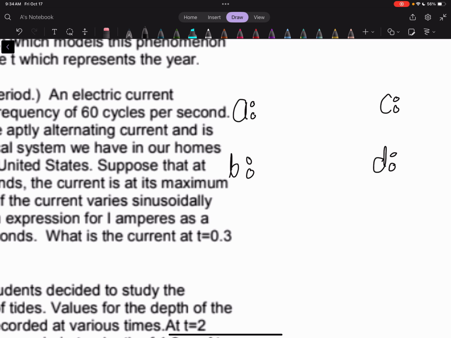My A value is 5. It is the amps going through this circuit. My B value is 2 pi over the period, 1 over 60. This is 120 pi.